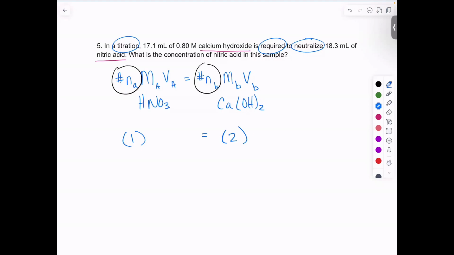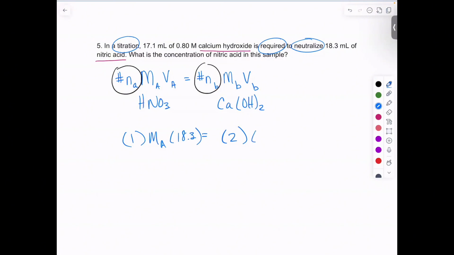Molarity of our acid, we don't know that, right? That's an unknown. I'll just put MA. Volume of our acid. Technically we're supposed to put them in liters, and then we can go back to millis if needed. But as long as they have the same prefix, they're millis, we don't need to worry about converting to liters. I would just say, okay, 18.3.